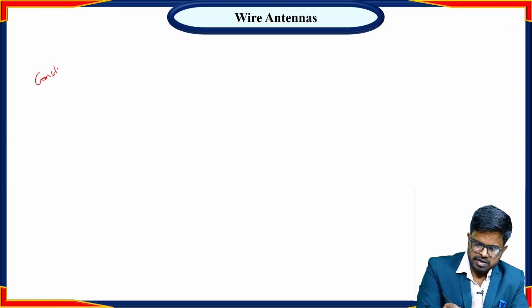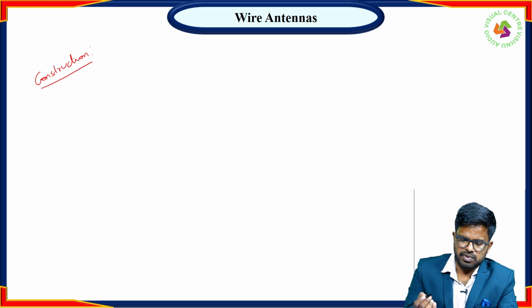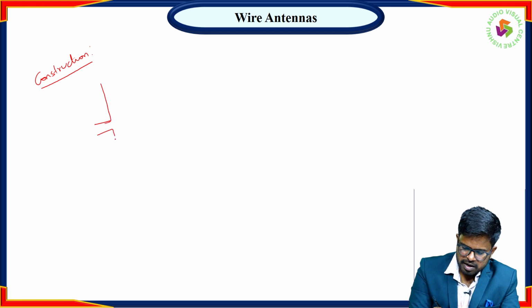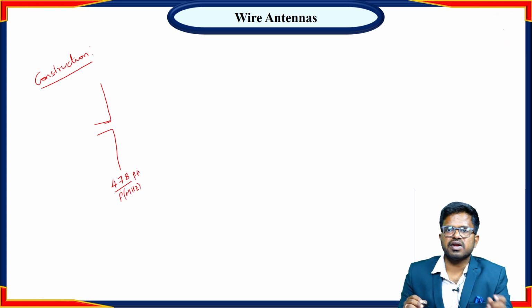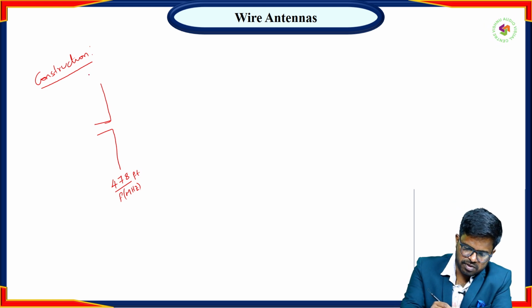Okay, coming to construction properties. Coming to construction, what is the length we have to take for the Yagi-Uda antenna? For construction, we have to take the dipole antenna length almost 478 by f megahertz. The length of the dipole antenna should be 478 by f megahertz. This is the length of the dipole antenna that we have to choose. That is the driven element.